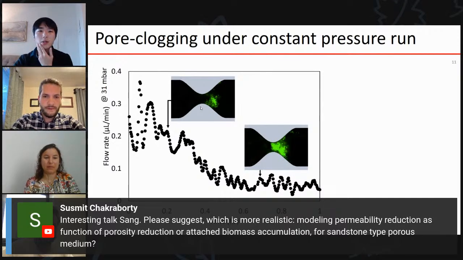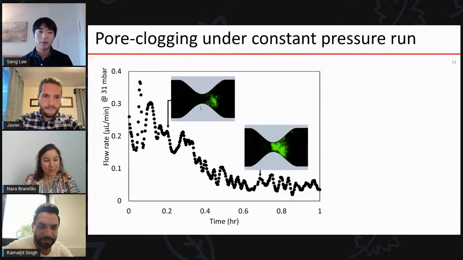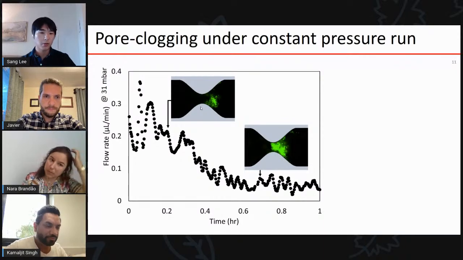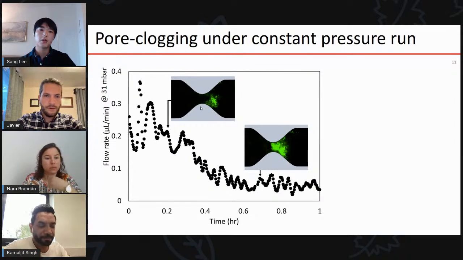If I understood the question right, it was whether we model the biomass increase or the reduction in flow rate? My training is not as a modeler, so it's difficult for me to give insights on that. But my intuition is that biomass is very complex, and the time frame that I monitored is quite short compared to the physiology or metabolism that happens in the biomass.